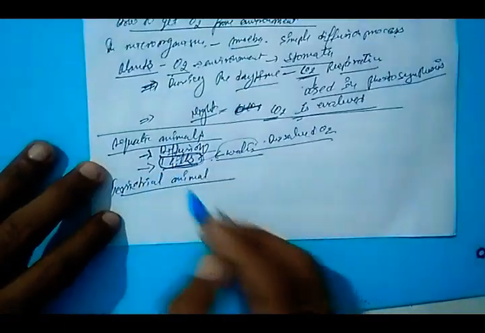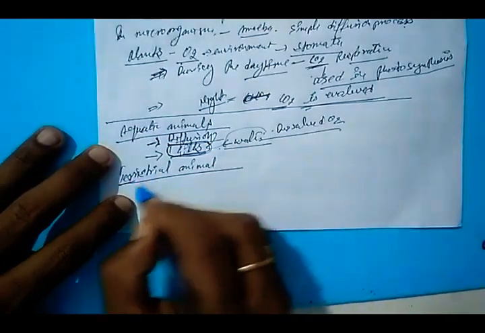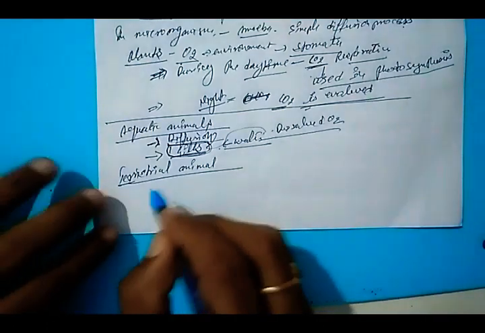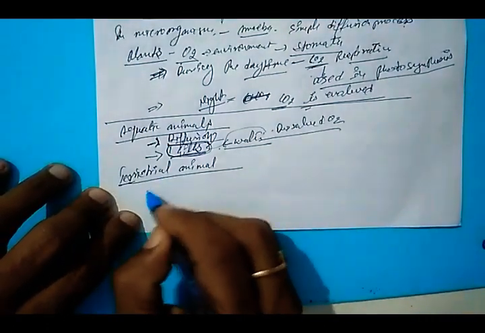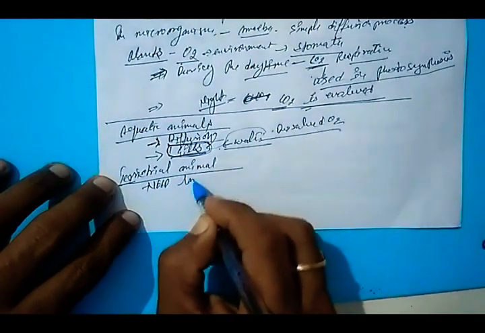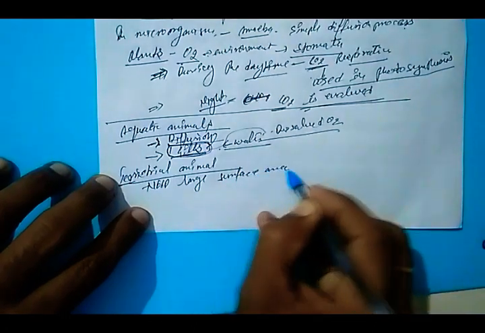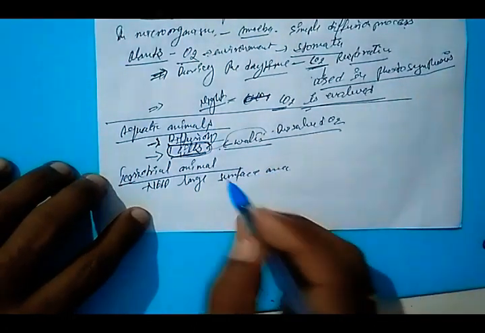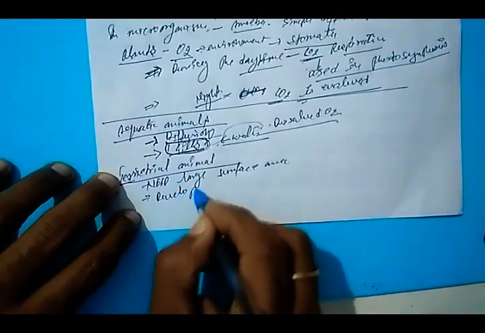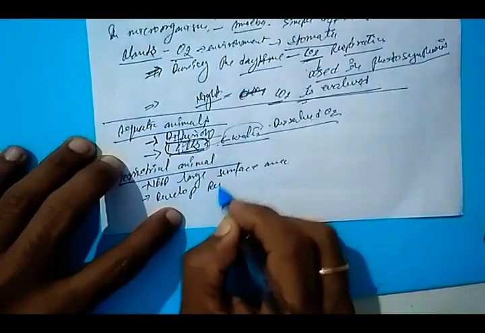In terrestrial animals, they cannot absorb oxygen with the process of diffusion, so they need a large surface area for oxygen diffusion, and that's why they develop a specialized respiratory system.